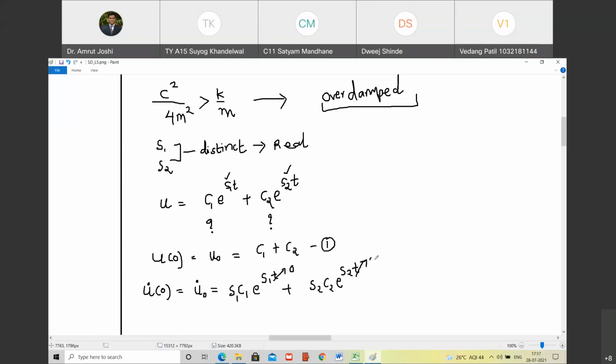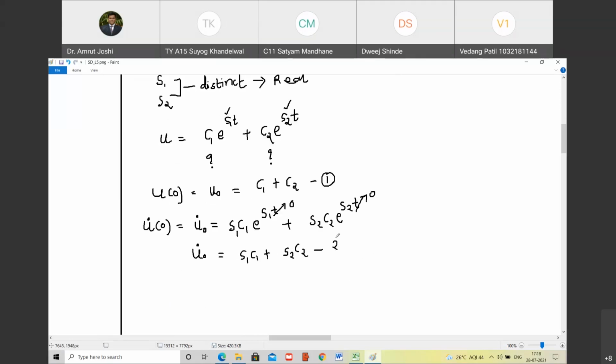Yes, sir. Right? Because u dot of 0 means u dot at t equal to 0. Happy? Yes, sir. So what do I get? What is the second equation that I have got? S1 c1 plus s2 c2 is equal to u0 dot. Yes. Happy? This is the second equation I have.